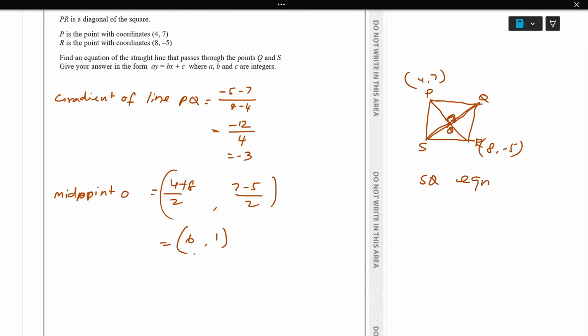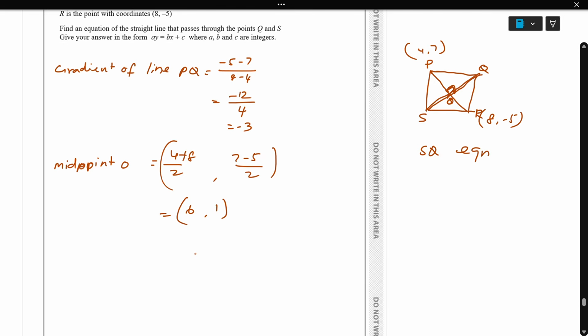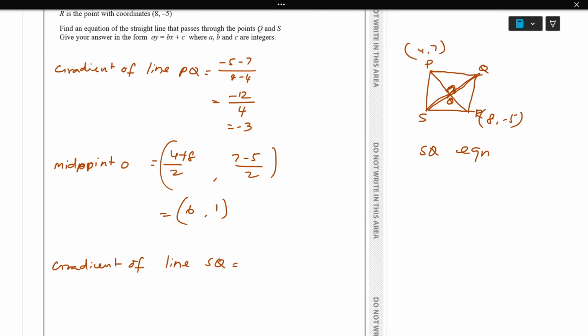So now we have the gradient. Next, I'll take the midpoint as O. Because the diagonals bisect each other, they intersect at the midpoint. So the midpoint is x1 plus x2 over 2: 4 plus 8 over 2 and 7 minus 5 over 2, which is 12 by 2, which is 6, and 2 by 2, just 1. So we got the midpoint also. Now I'm going to find the line SQ.